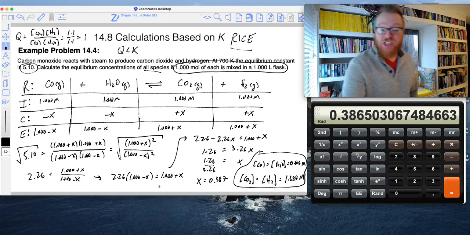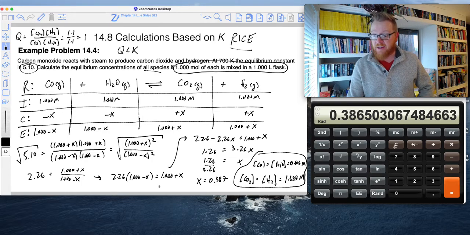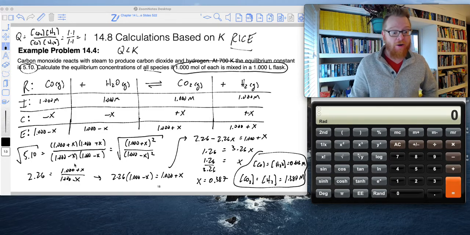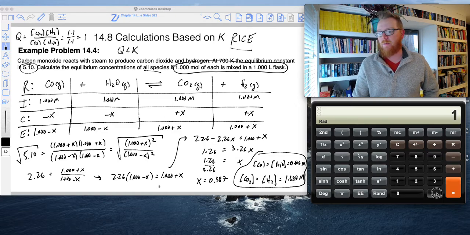But if we wanted to check that these are correct, we can plug those concentrations back into our equilibrium expression. I'm just going to do that on my calculator directly here. We know CO2 and H2 is 1.387, so that's 1.387 squared, divided by 0.613 squared equals, and look at that.